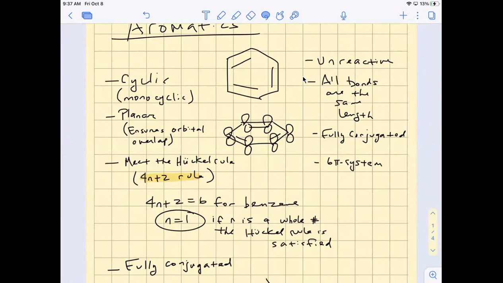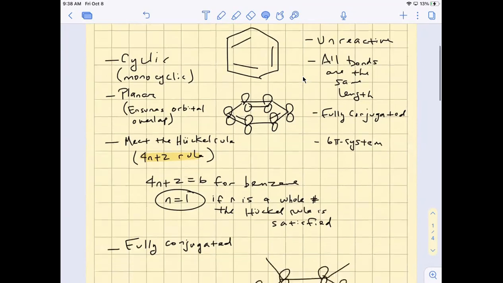Because if it's planar and all the p orbitals can overlap, and there's a p orbital on every carbon, then the conjugation is not going to be an issue. And then it has to meet the Huckel rule, the 4n+2 rule, right? So you set the number of pi electrons equal to 4n+2 and solve for n. If n is a whole number, then that rule is satisfied. So those are your 4 criteria for aromaticity.